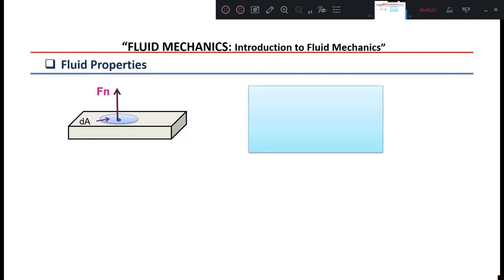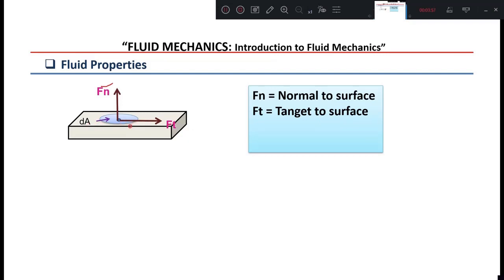Then the normal component of the force acting on the surface per unit area is called the normal stress, where Fn represents the force acting normal to the surface of area dA, and Ft represents the tangential force acting on the surface, which is parallel to the surface area dA.